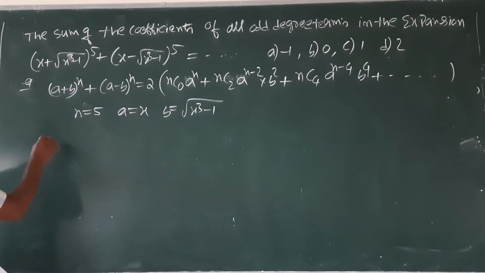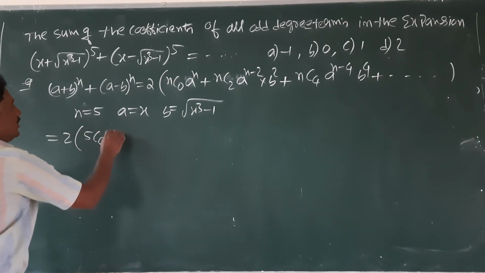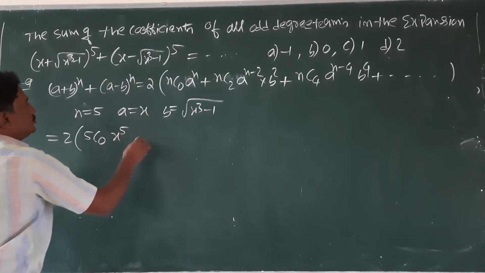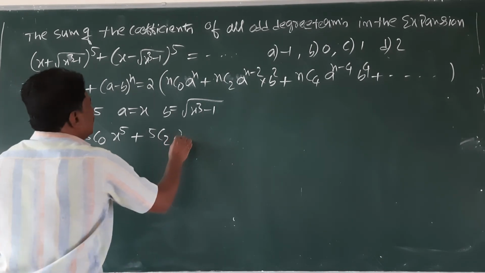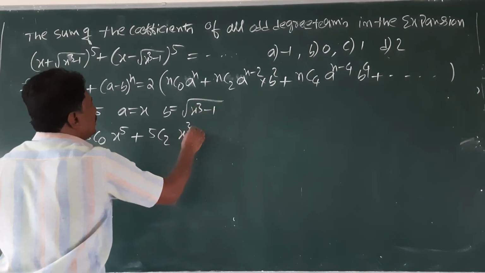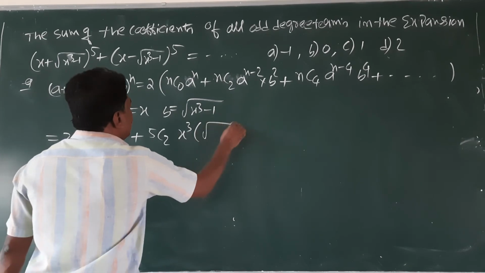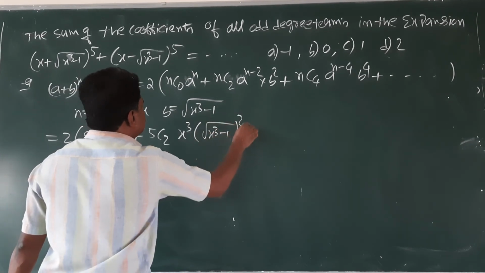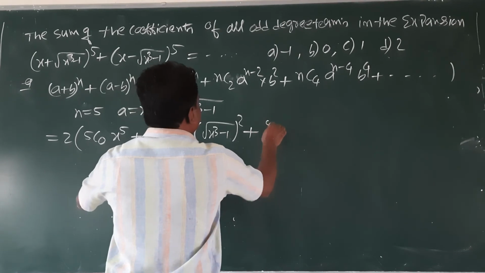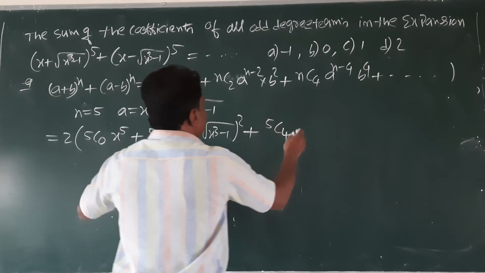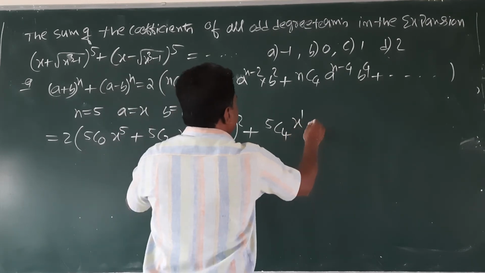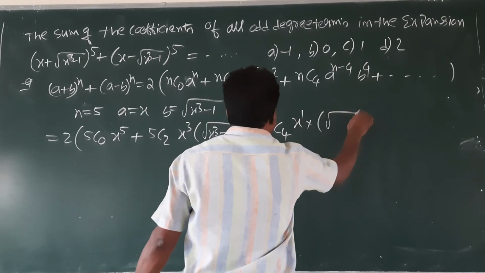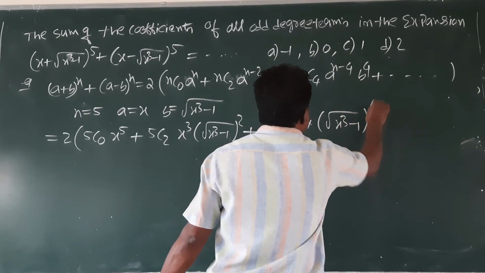Substitute in that. So 2 times 5C0 a power 5, plus 5C2 a power 5 minus 2, which is 3, into b square, root of x cube minus 1 whole square, plus 5C4 a power 5 minus 4, which is 1, b power 4, root of x cube minus 1 whole power 4.